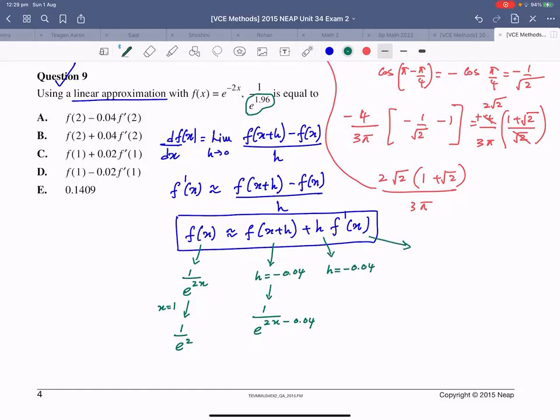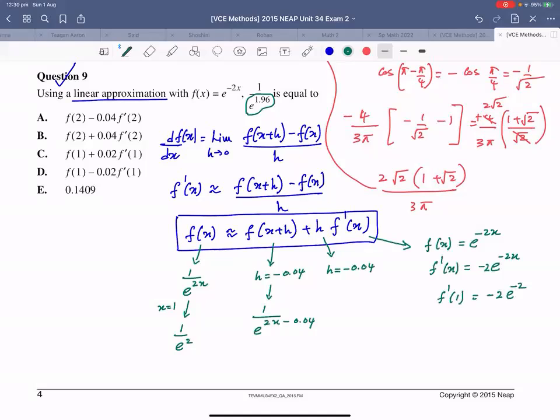f of x is e to the minus 2x. So f dash x is minus 2 e to the minus 2x. So f dash when x is equal to 1 would be minus 2 e to the minus 2.